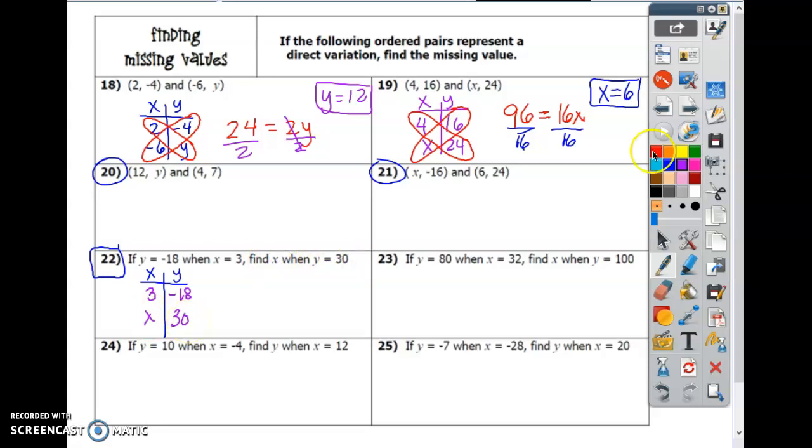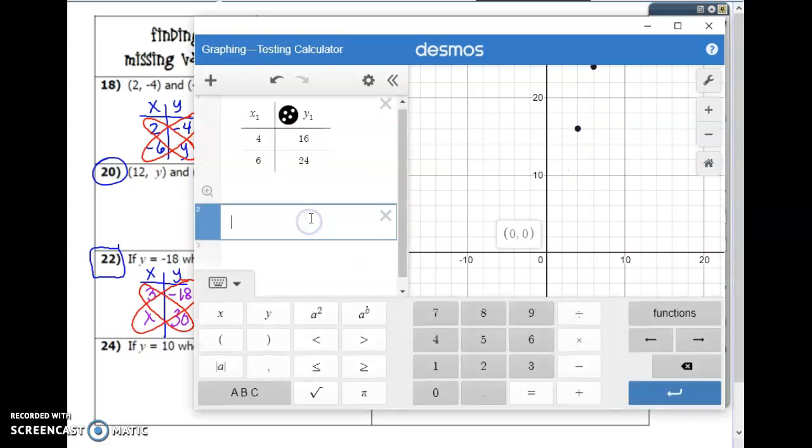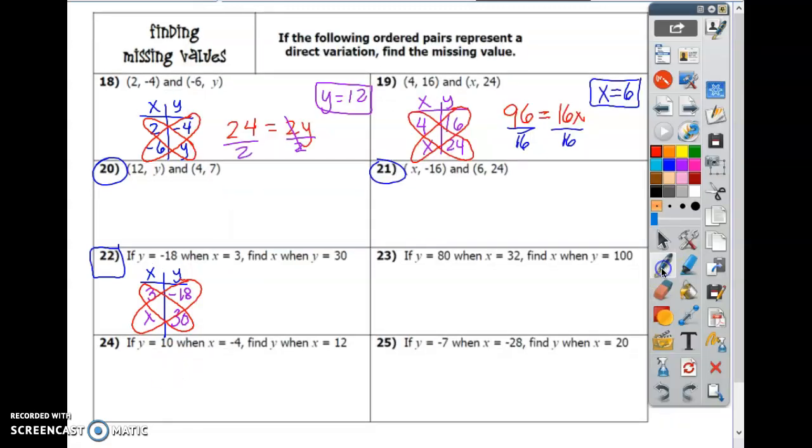So we're going to do the same thing. We're going to cross multiply and divide. So 30 times 3 and negative 18 times x. 30 times 3, you should know that already in your head, but let's just do it. 3 times 30 is 90. Okay? And negative 18 times x is negative 18x.